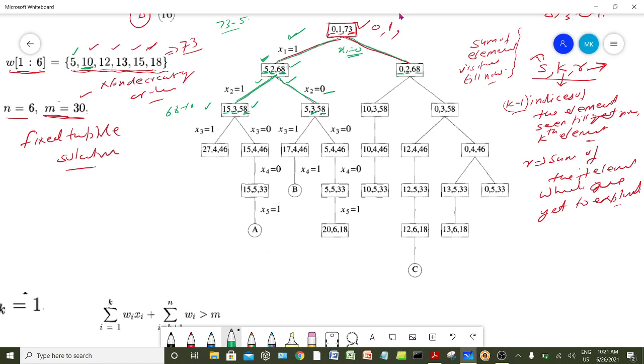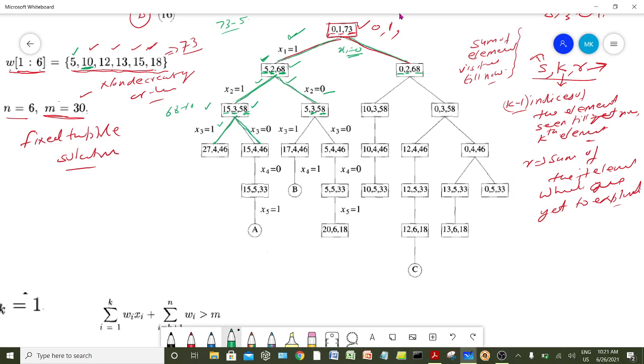Again, I am reiterating that it doesn't matter whether this particular item was included or not included. The thing that matters is that we have seen this item. Okay, if we have seen this item, then the total weight or total sum remained there is to be negated.